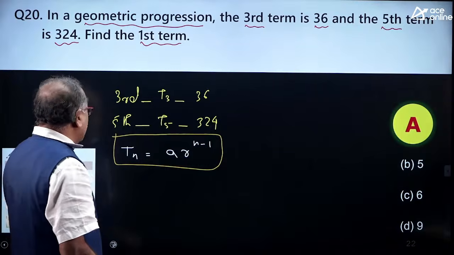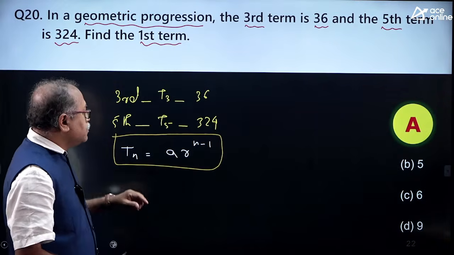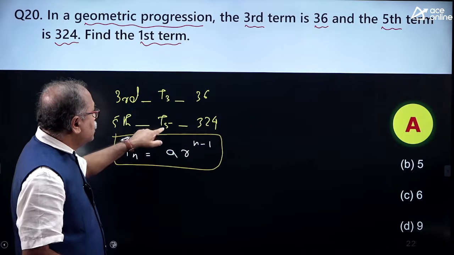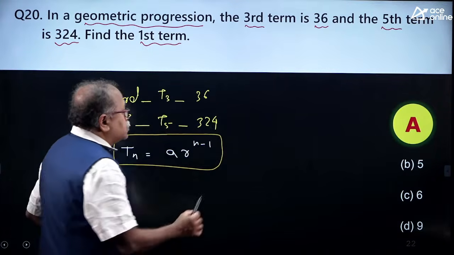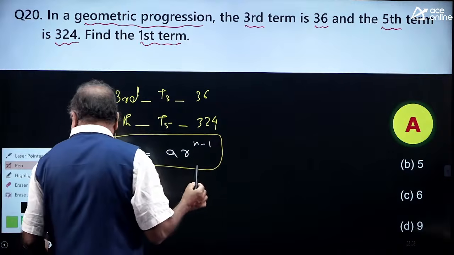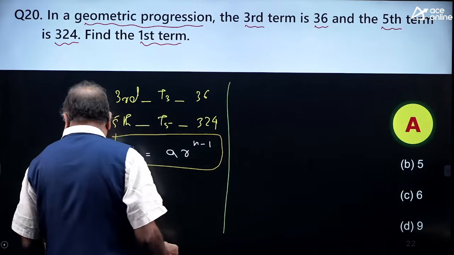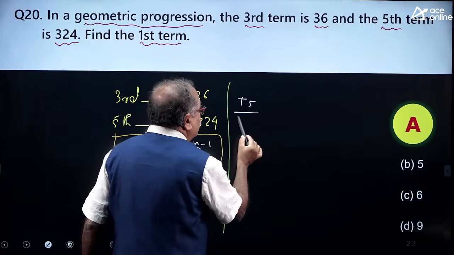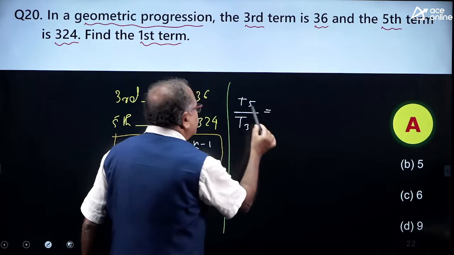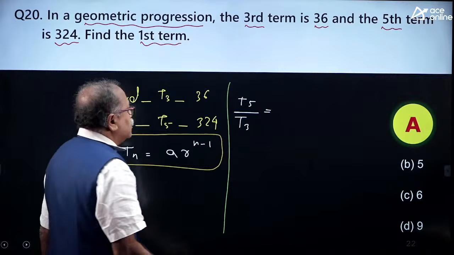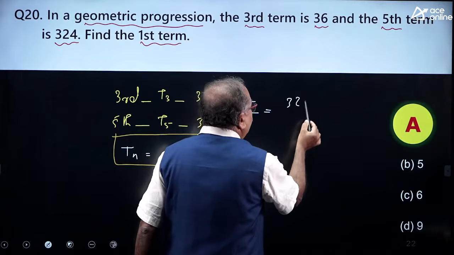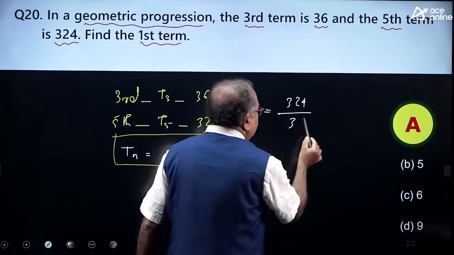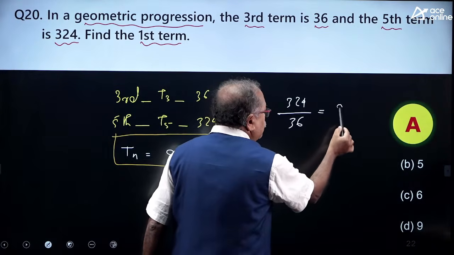Here, we know T3 is there, T5 is there. So, T5 divided by T3. Actually, we don't write all these things, we simply write the values here. 324 divided by 36, which is nothing but 9.